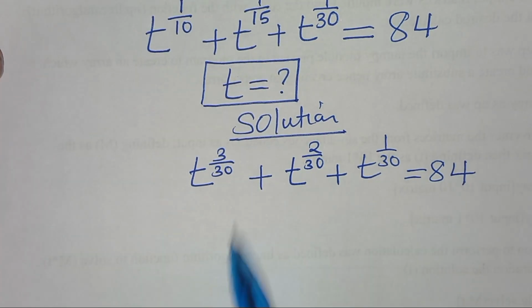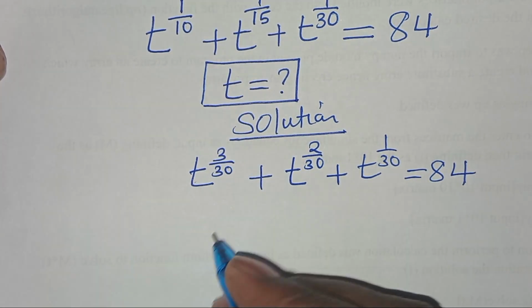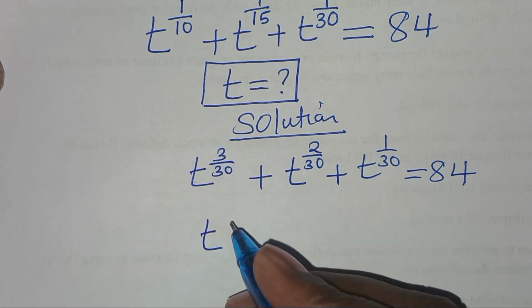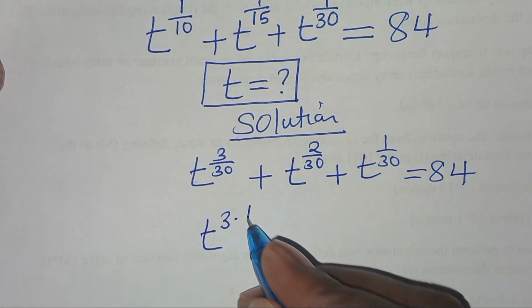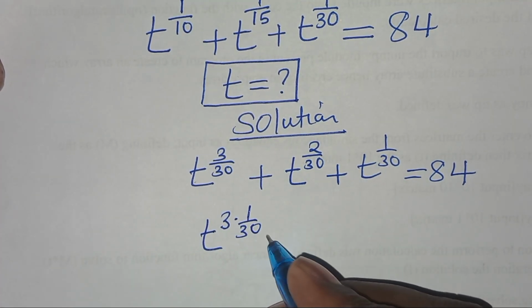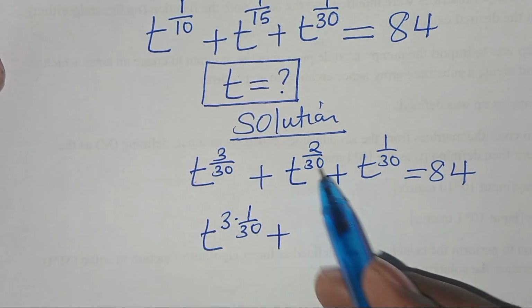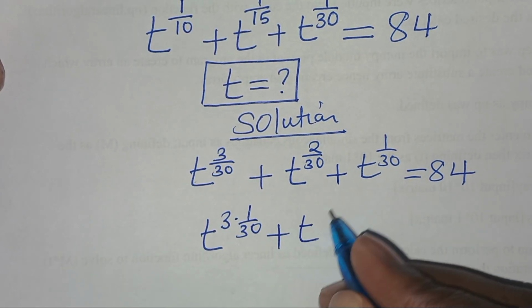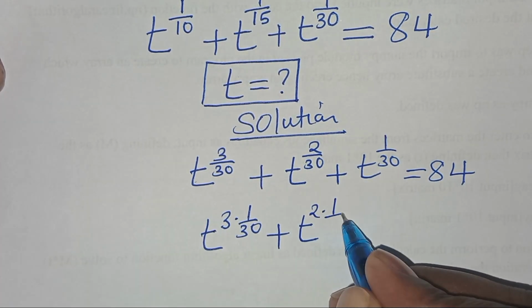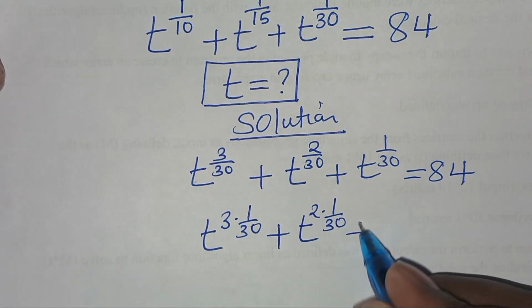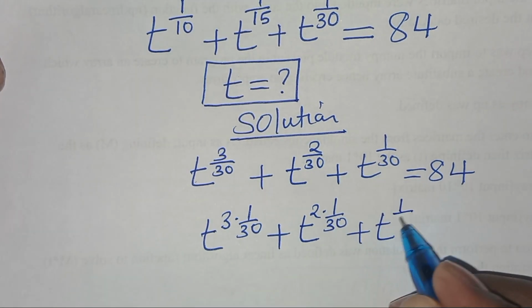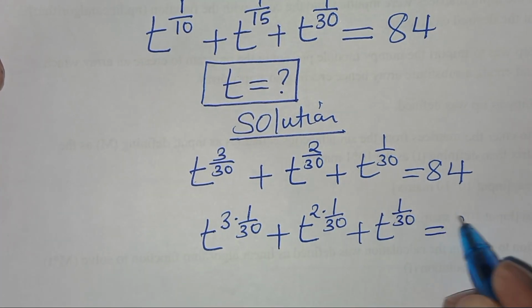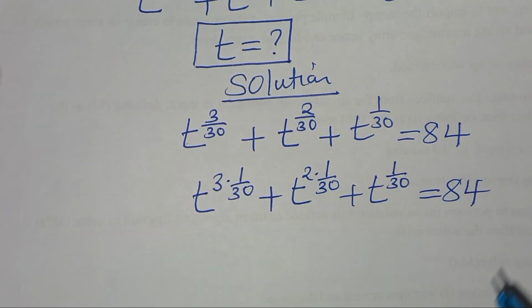Now, the next step from here, we can express t to power 3 over 30 as t to power 3 times 1 over 30, plus t to power 2 over 30 can be expressed as t to power 2 times 1 over 30, then plus t to power 1 over 30. This is equal to 84.